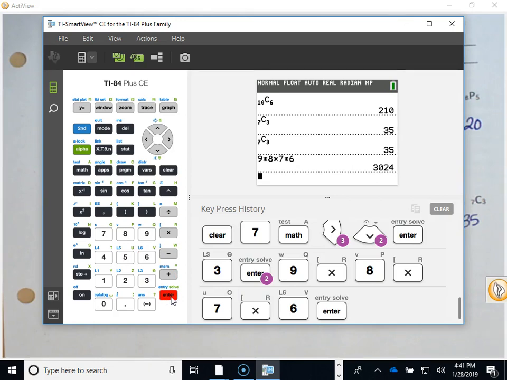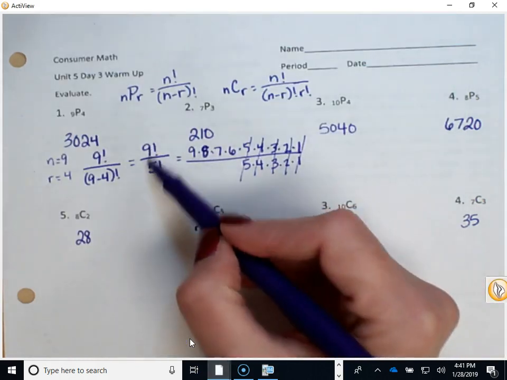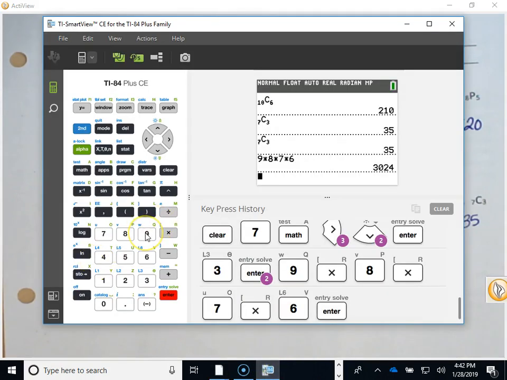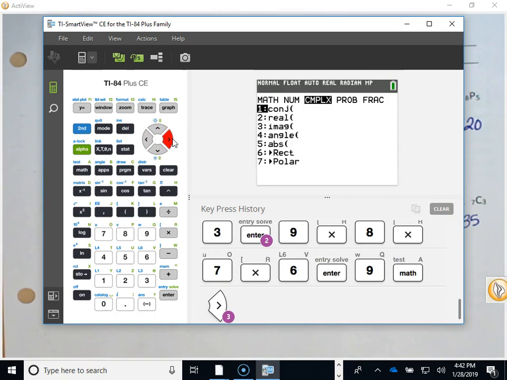The other way I could have done it was, instead of showing you what 9 factorial meant, 9 times 8 times 7 times 6, and then canceling out, we could actually enter into the calculator the 9 factorial over 5 factorial. And where you can find that is you type 9, and then go to math, over to probability, and then you'll see the factorial button down on number 4.